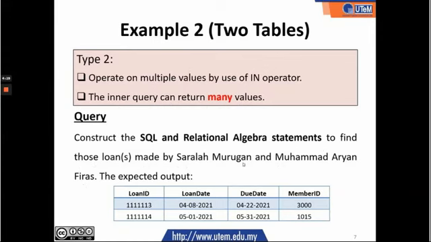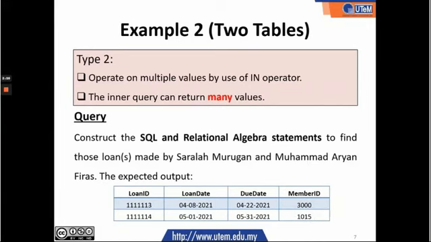Sarala Murugan has member ID 3000, and member ID 1015 belongs to Muhammad Aryan Firas. If we still remember, in our loan table, no member name is specified.